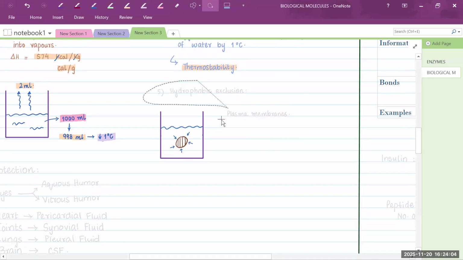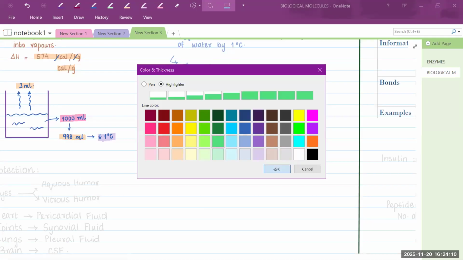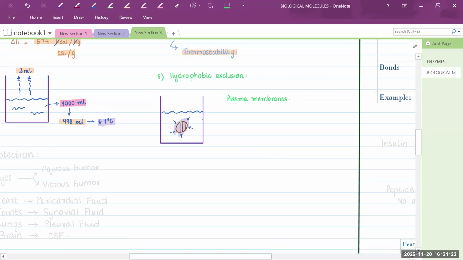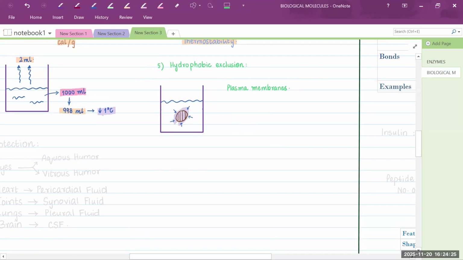Then we have hydrophobic exclusion. The best example to remember this is when you add oil droplets to water, and they form one big oil droplet, and that is because of this hydrophobic exclusion by water. It repels the hydrophobic molecules, and this is how it creates a big oil droplet.